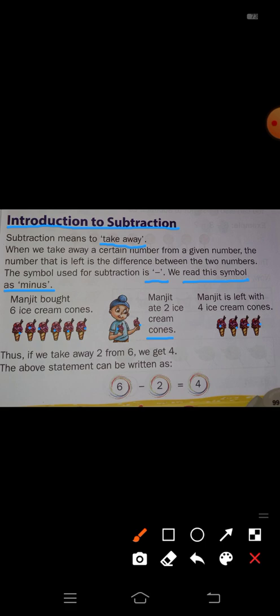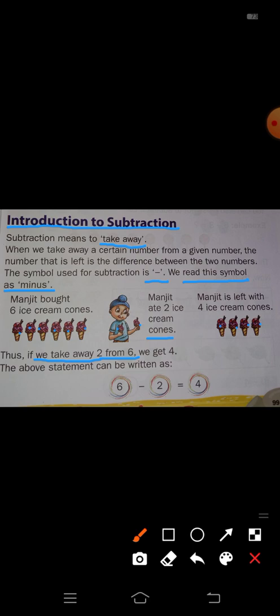Yes. Thus if we take away 2 from 6, we get 4. Means from 6 ice creams, we have taken 2 ice creams, so 4 ice creams are left here.